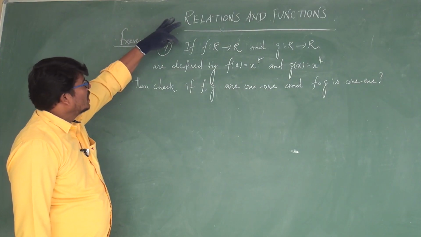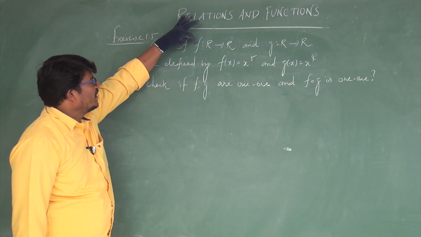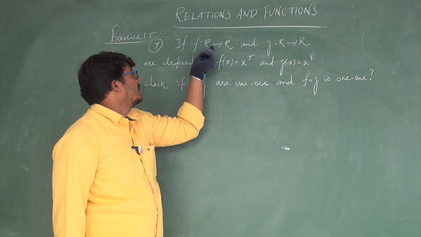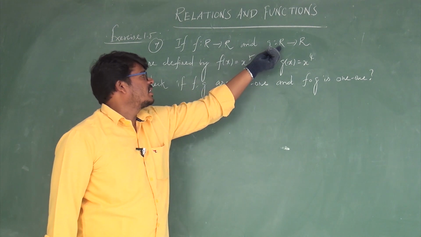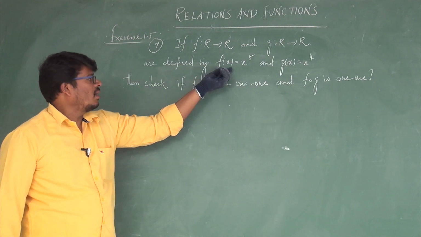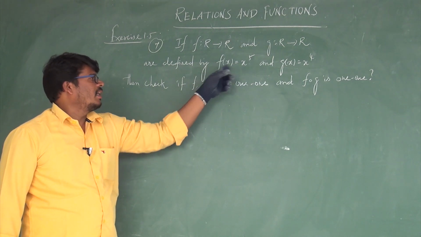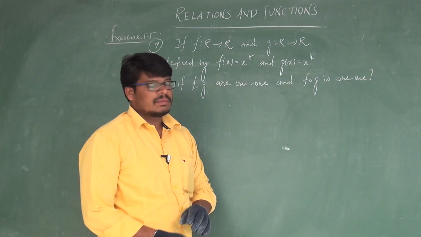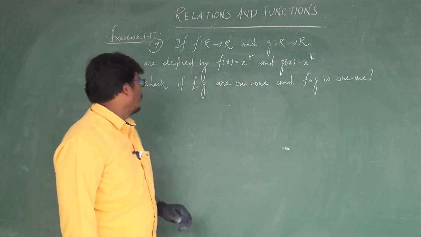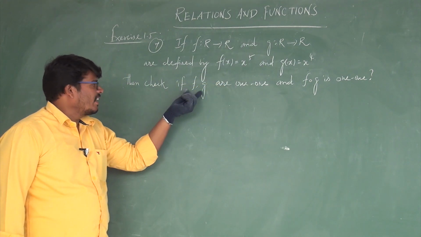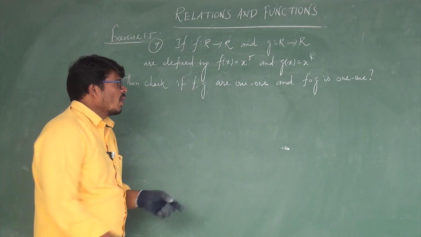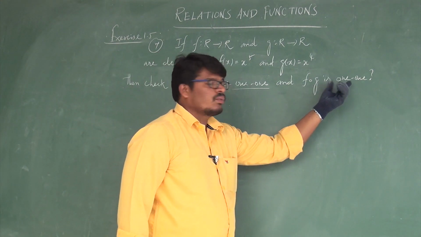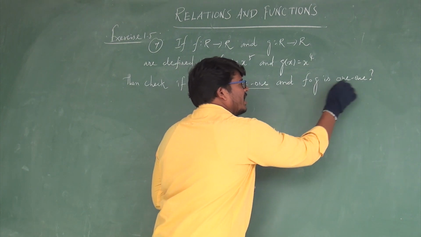Question number 7. If f from R to R and g from R to R, where R means real numbers, real values, are functions defined by f of x equal to x power 5 and g of x equal to x power 4, then check if f comma g are one function, and f dot of g is one function.